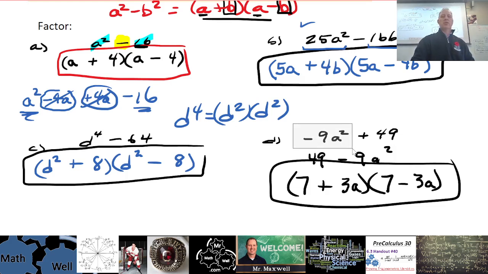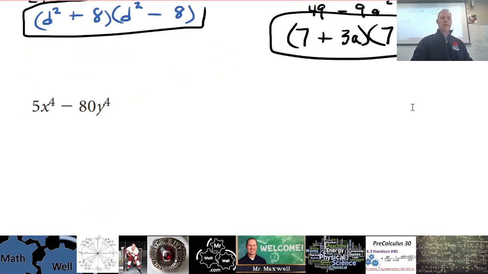Do you know what I mean? So you kind of have to forget about this negative sign in front, really. So it's just a little more confusing. So I would flip them around. But yes, if you did negative 3a and positive 3a, that would work out, but both have to be plus 7 and plus 7. The only problem is someone would look at that and say, hey, the square root of negative 9a squared is not negative 3a, which it isn't, because negative 3a times negative 3a is positive 9a squared. So that's where it gets confusing. So I would rearrange those and write them like this. But yes, it's the same.